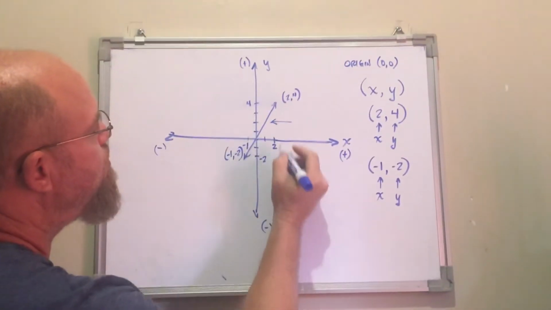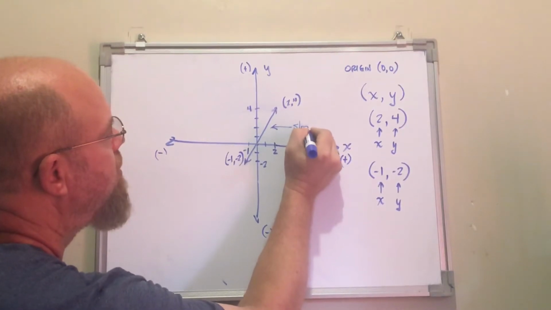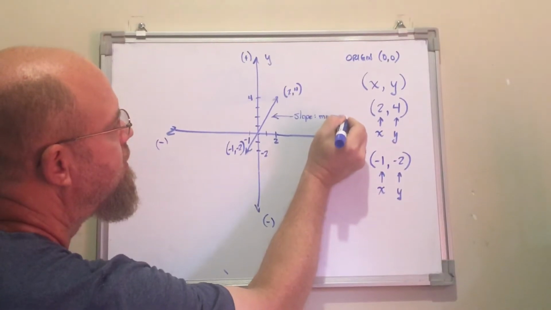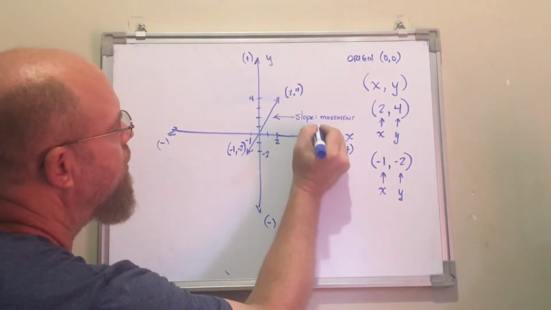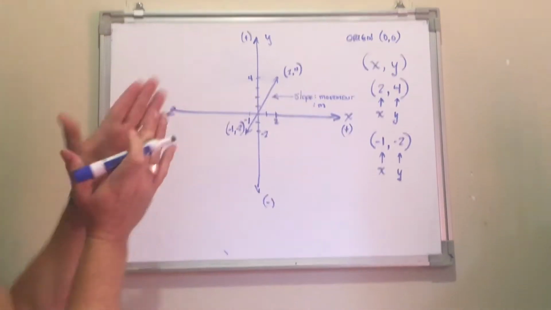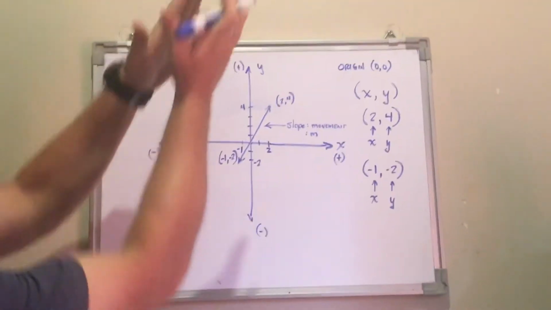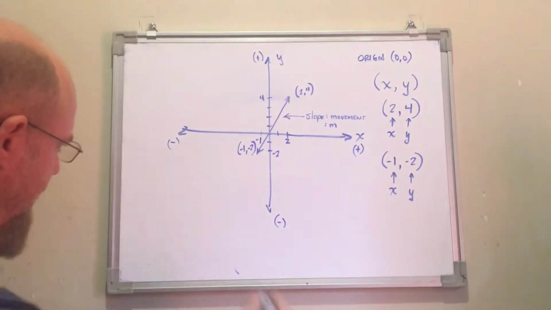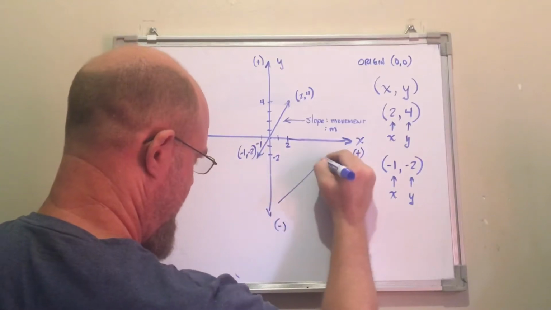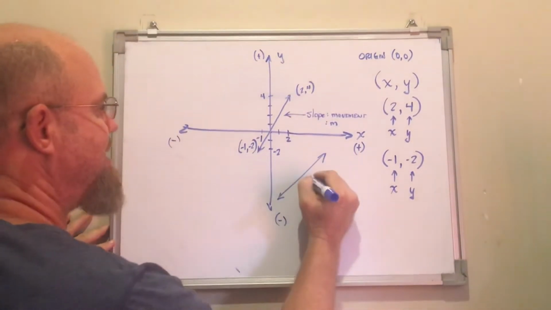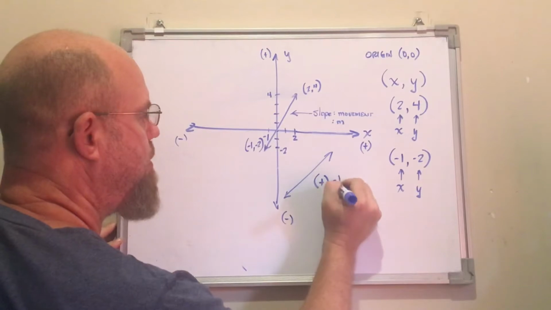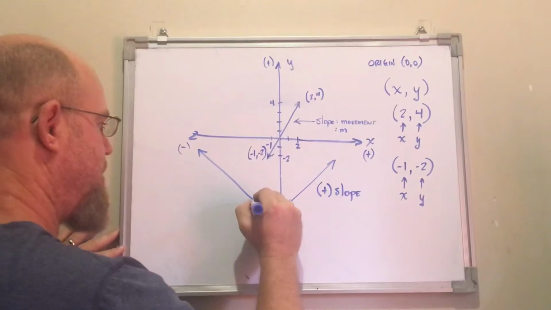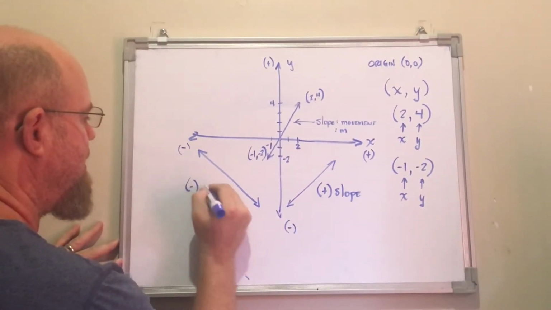This slope or movement, or M, is the angle or the movement of that line, the slope of that line, okay? And we learned that a line going in this direction has a positive slope, and we learned that a line going in this direction is a negative slope.